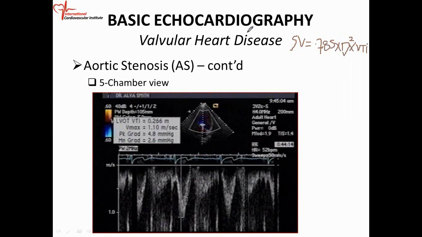Again, if you remember, flow is equal to the cross-sectional area times the VTI. So if we use the aortic valve, it is the area of the aortic valve times the VTI across the aortic valve. So that's the flow across the aortic valve, using the continuity equation.